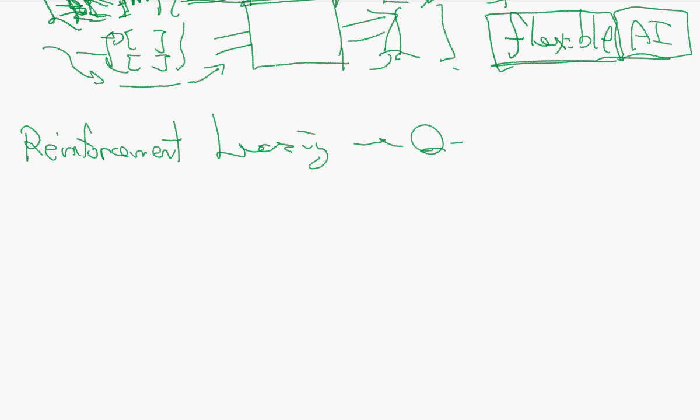Next machine learning is called reinforcement learning, or Q-learning. This learning style is like when you play chess.